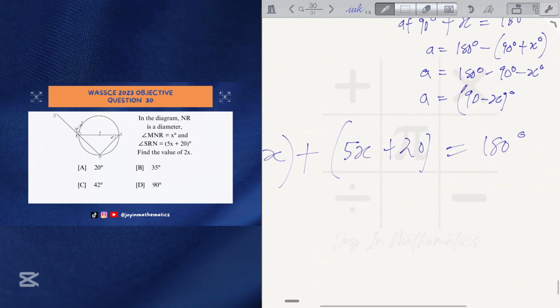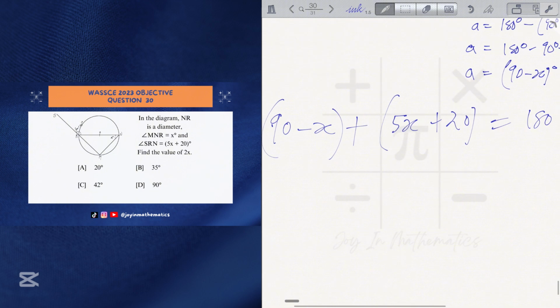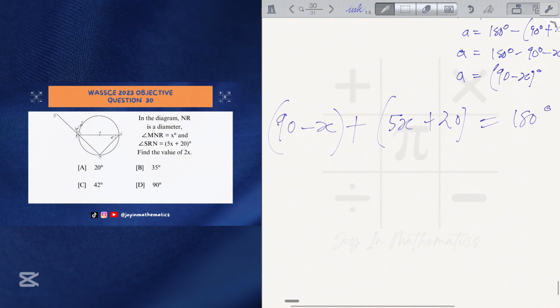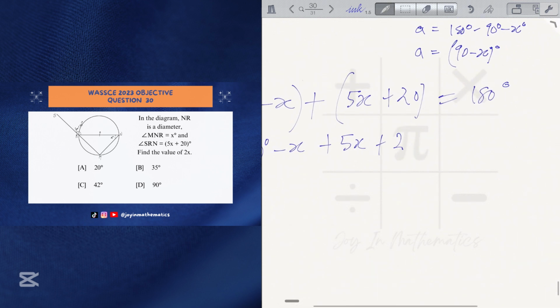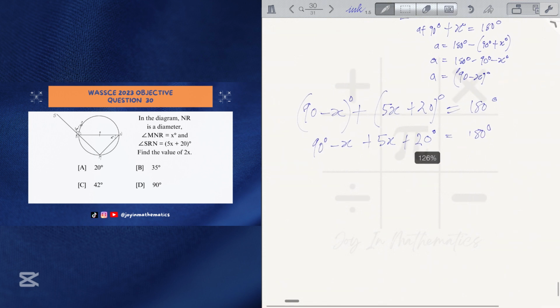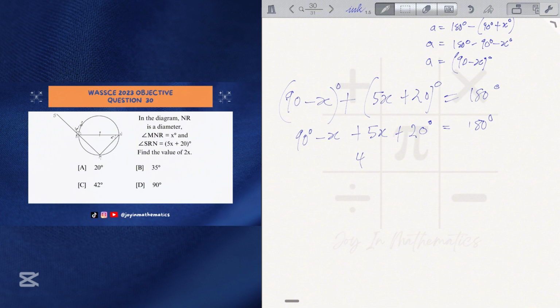Now we just simplify this expression, and simplifying it further, let's open the brackets. We'll have 90 degrees minus x plus 5x plus 20 degrees. Remember, degrees is equal to 180 degrees. So bringing the terms together, 4x, and 90 plus 20 is 110, is equal to 180 degrees.